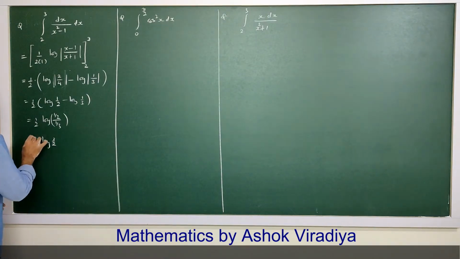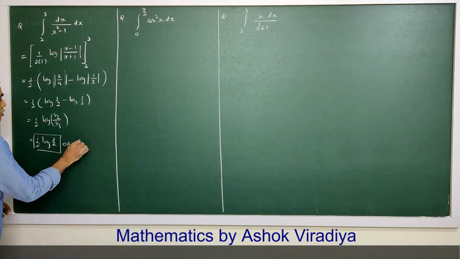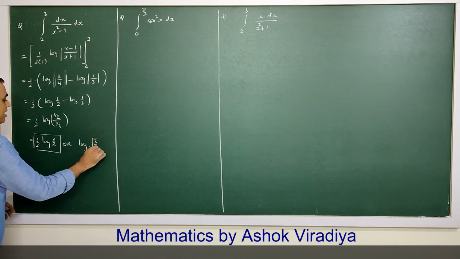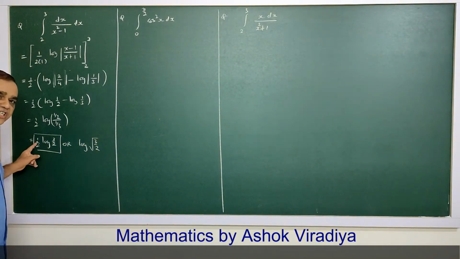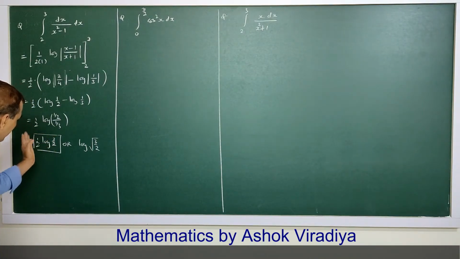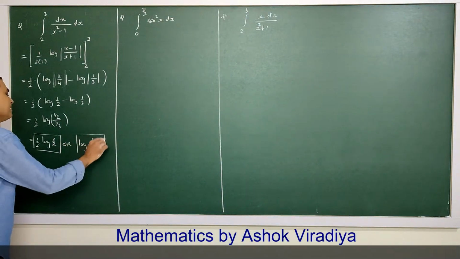So this is the required definite integral. It can also be expressed as log of the square root of 3 by 2, because this coefficient of log comes as a power. So 3 by 2 raised to half, that is the square root. So this is the required definite integral.